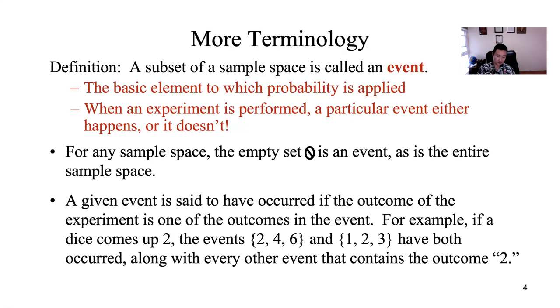So when the experiment is performed, an event either happens or it doesn't. For example, if you toss a coin, the event we got head either happens or does not happen. And for any sample space, the empty set is also an event. That's the opposite of the entire sample space, which includes all the possible outcomes.